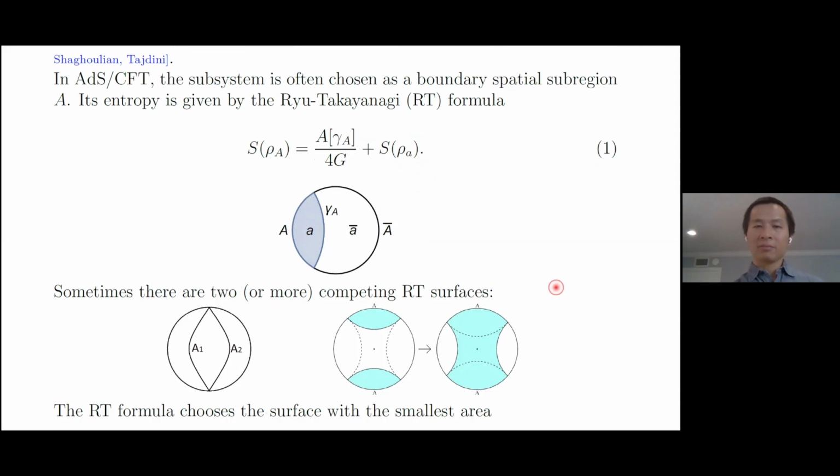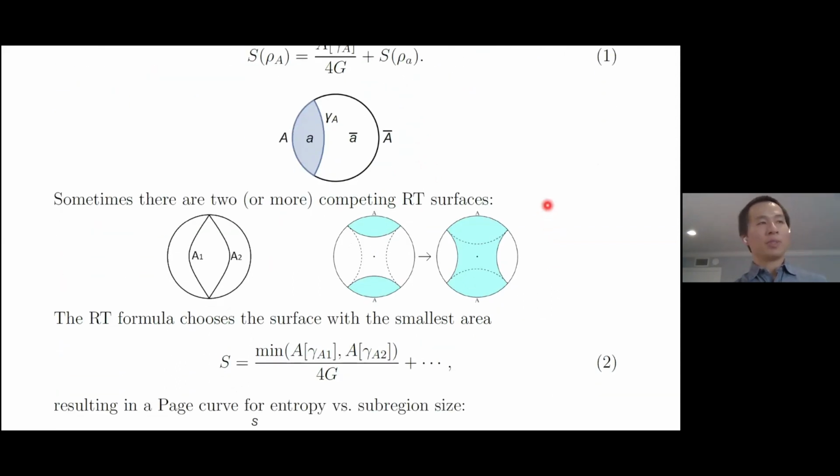The interesting cases are when there are two or more competing RT surfaces. So I've drawn schematically two possible examples of this kind. In the first example, you can say that there are two possible surfaces because there's some gravitational curvature in the center of the space, maybe because of a massive star or maybe a pure state black hole.